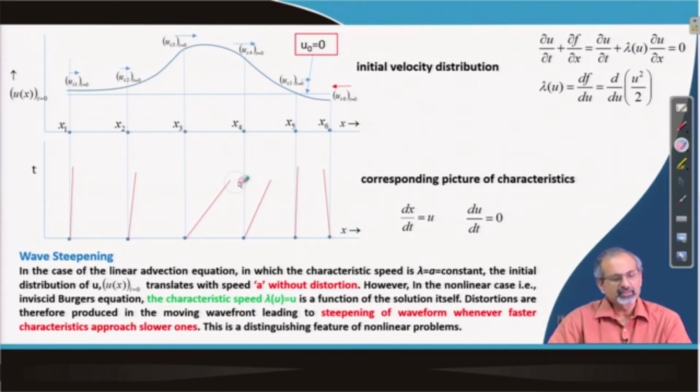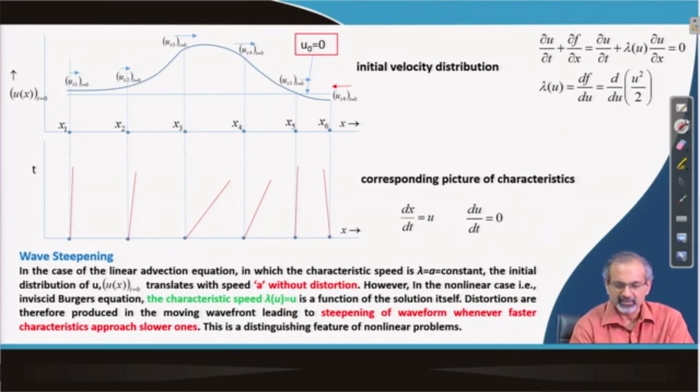So, distortions are produced in the moving wave front, leading to steepening of the waveform whenever faster characteristics approach the slower ones, and this is precisely what is happening here. A faster characteristic may approach the slower ones. That means they are going to get closer to each other and interact. This is a distinguishing feature of nonlinear problems, and this is essentially the mechanism with which nonlinear waveforms are generated.